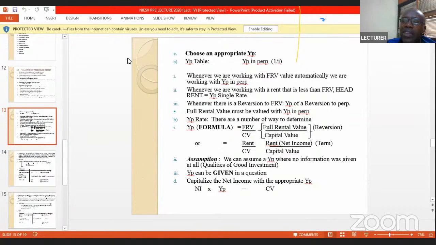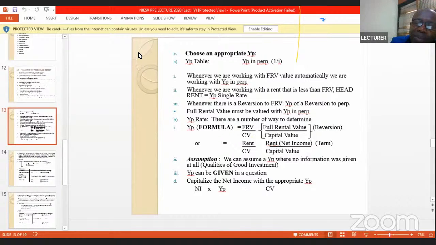Then try to find out the rent that was passing in the property before it was sold. You get it, divide the rent by the capital value. Immediately you come up with the correct YP. The third method of getting a YP is that you may be given a YP, especially in the exam questions.